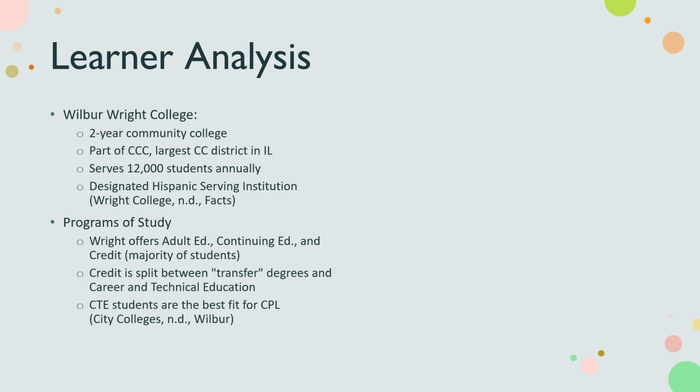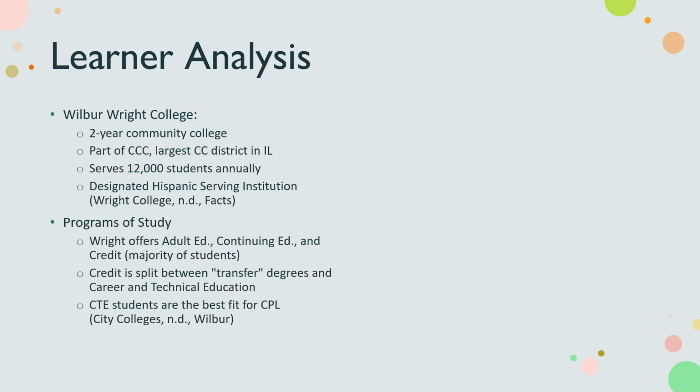One is a transfer pathway where students will earn a general Associate of Arts or maybe Associate of Science degree, for example. And then we have career and technical education programs. Those are also transferable to a 4-year, but many students will earn either an AAS, an Associate of Applied Science, or stackable credentials like a basic certificate along the way, and then go directly into the workforce.